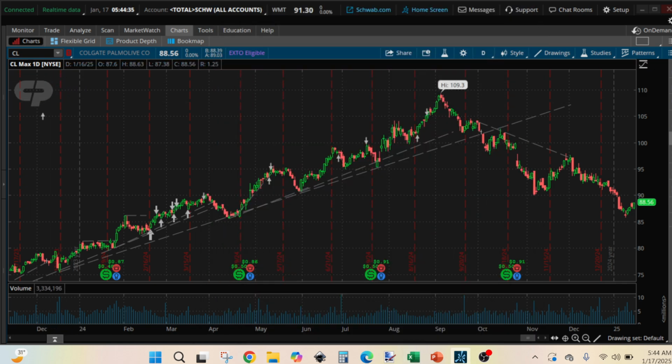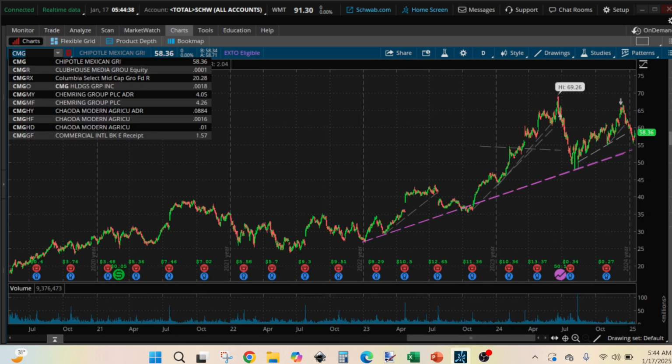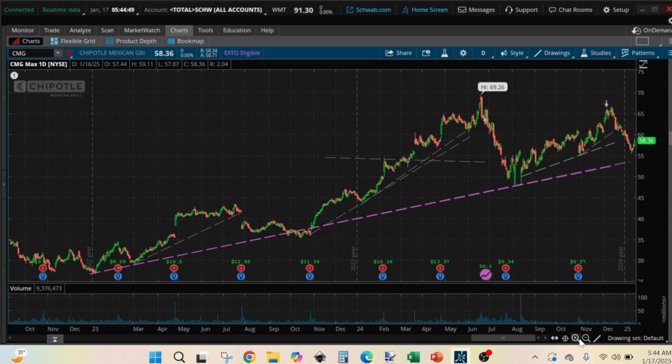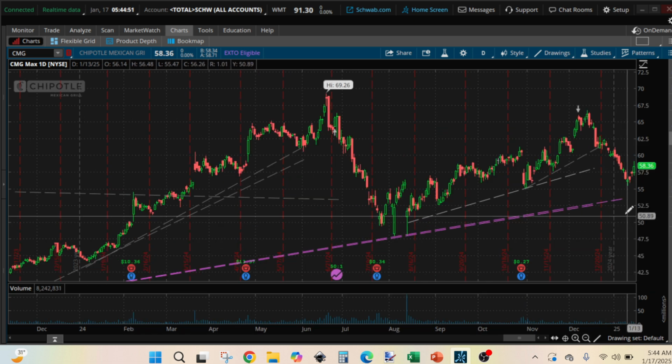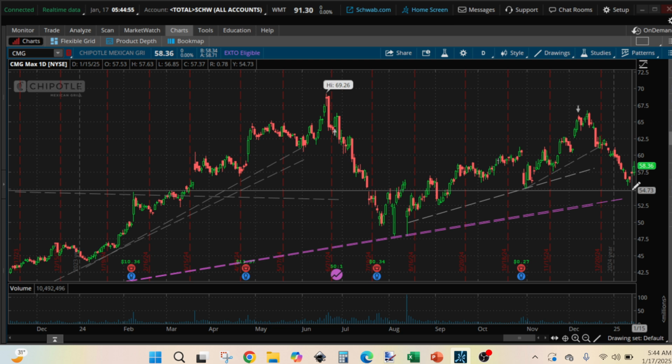CMG. CMG, we like to buy at the purple line, and it came close to it but didn't really touch it.